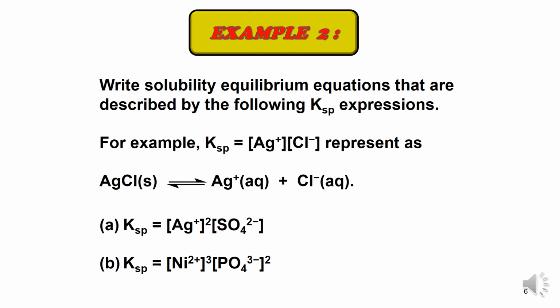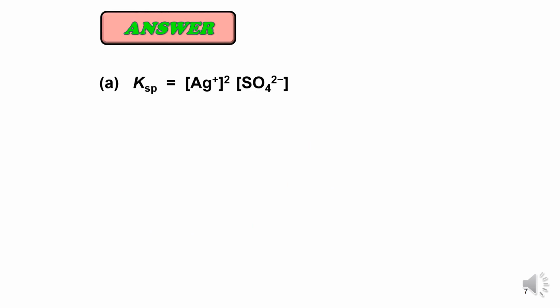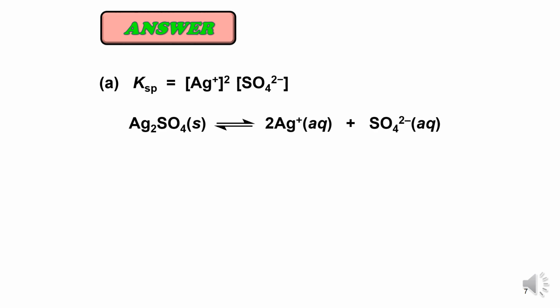For question B, Ksp equals [Ni2+] to the power of 3 times [PO4 3-] to the power of 2. Now we discuss together. A. Given Ksp equals [Ag+] to the power of 2 times [SO4 2-].